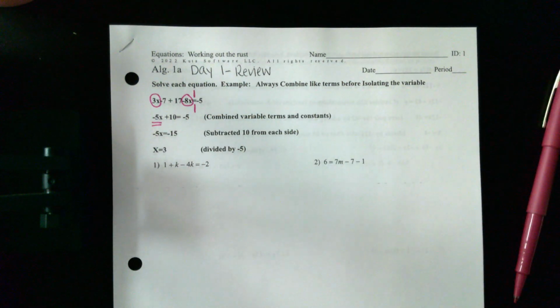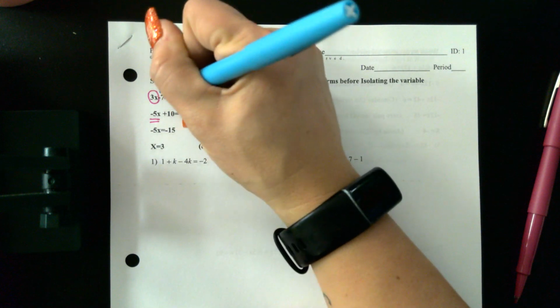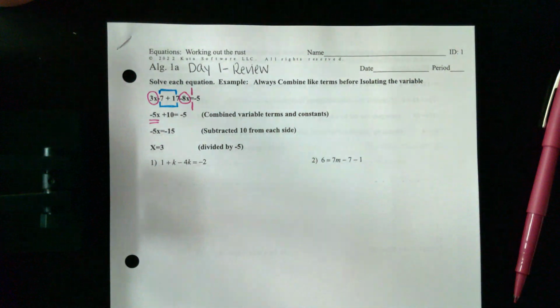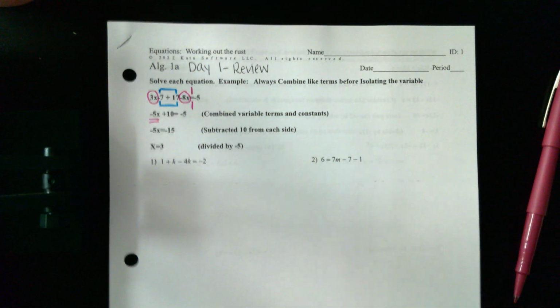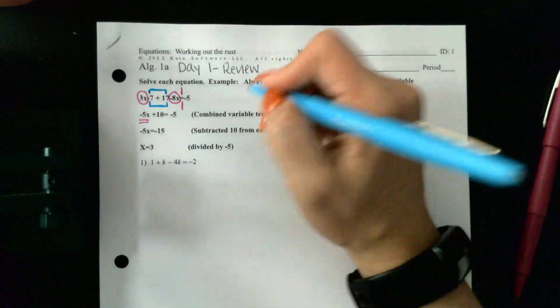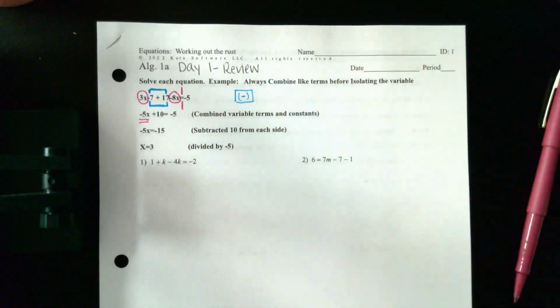And then, not only did the two x terms get combined, but we also have these two right here, the negative 7 plus 17. And if you don't know what negative 7 plus 17 is, again, type it into your calculator. At the bottom of your calculator, there is a button that looks like this.